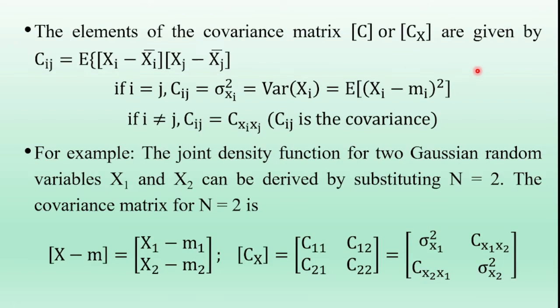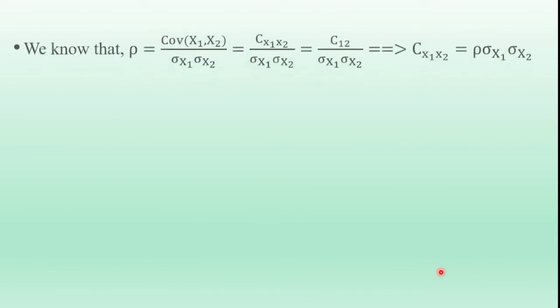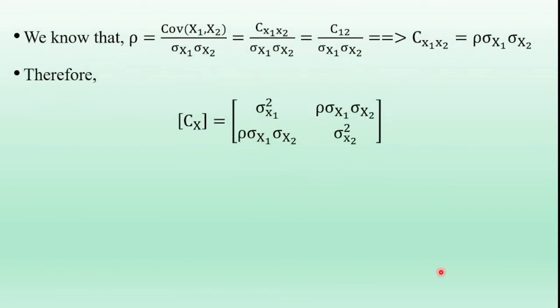In the above matrix, substitute Cx1x2 and Cx2x1, that is c12 and c21, and we get the matrix Cx equal to sigma x1 square, rho sigma x1 sigma x2, rho sigma x1 sigma x2, sigma x2 square.